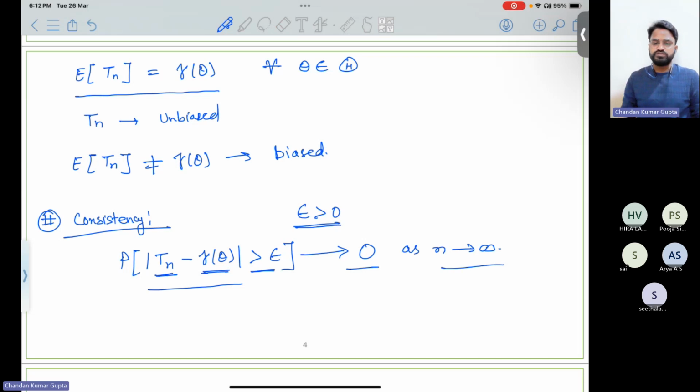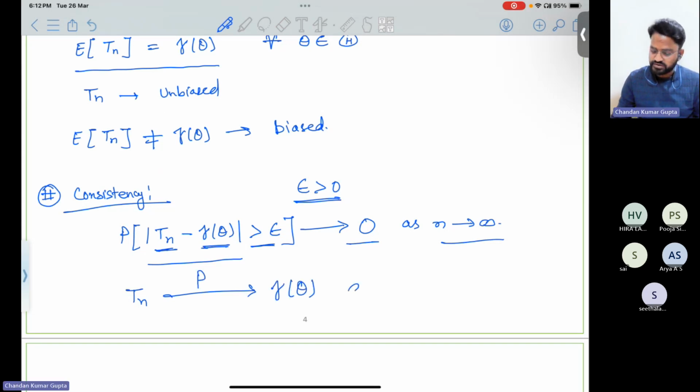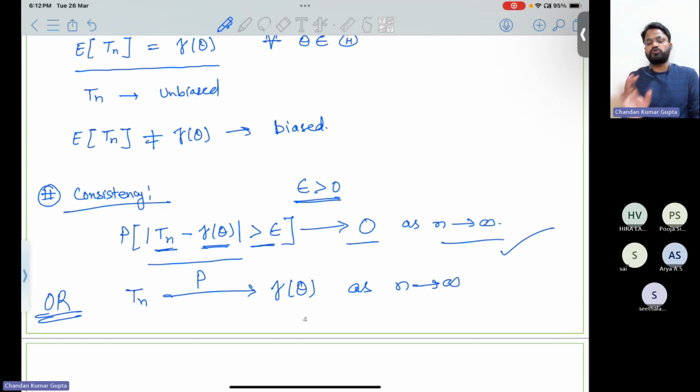This means that Tn, which is a statistic, converges to gamma theta in probability as n tends to infinity. This is the definition of consistency: the difference between the estimator and the true value is approximately 0.